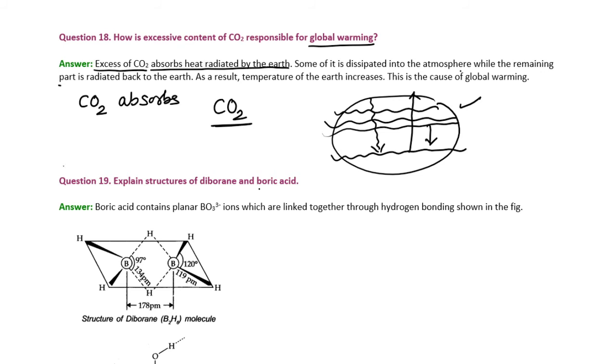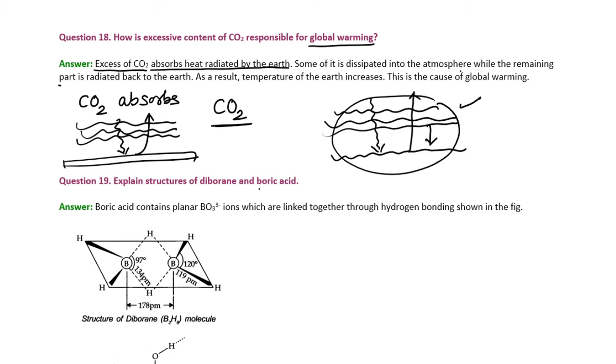Actually, when the earth is heated, sunlight falls on the earth, and due to that the earth is heated up and heat radiates back to the atmosphere. But if CO2 is present in the atmosphere, or any gas which is IR active or can absorb heat, there are other gases like NO2 and NO that can also absorb heat.